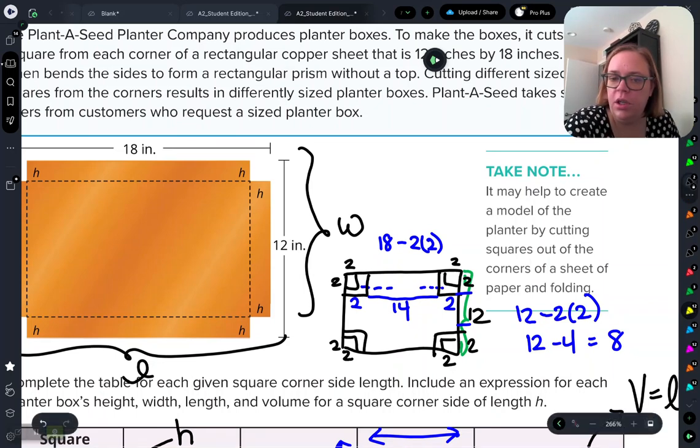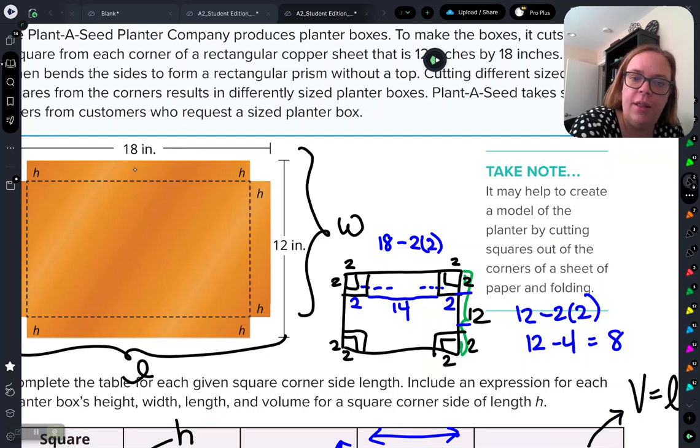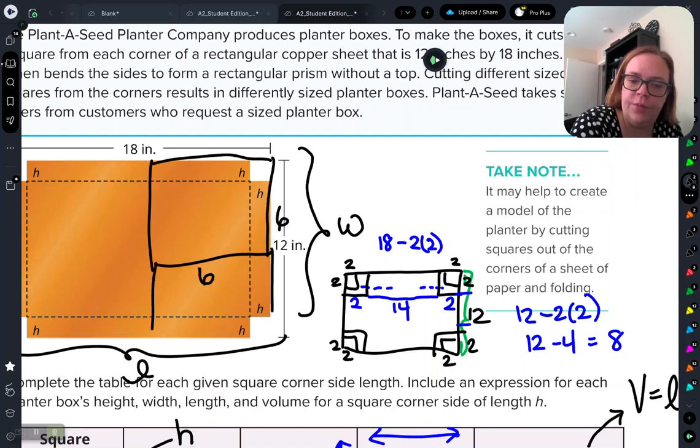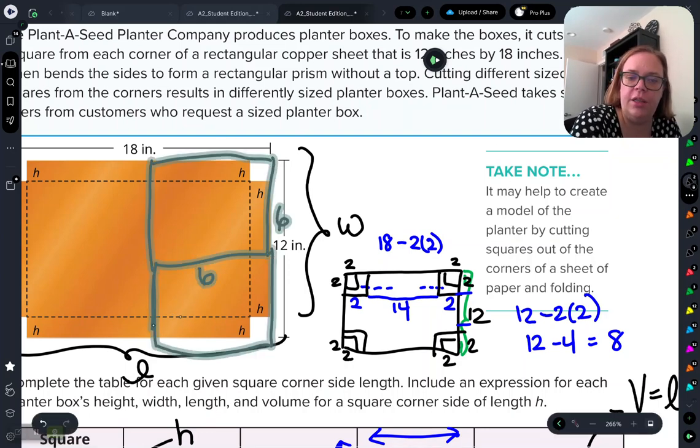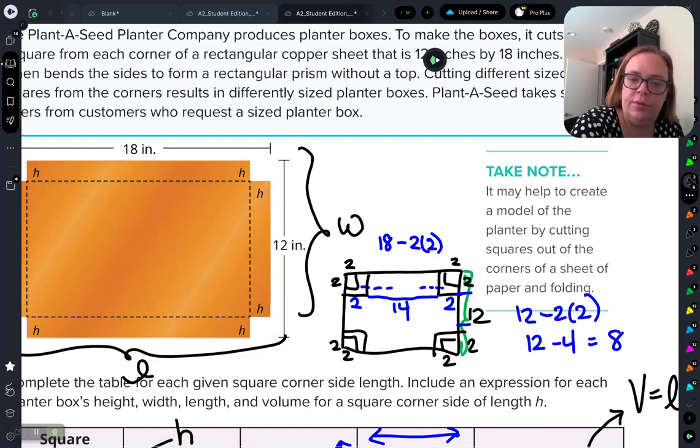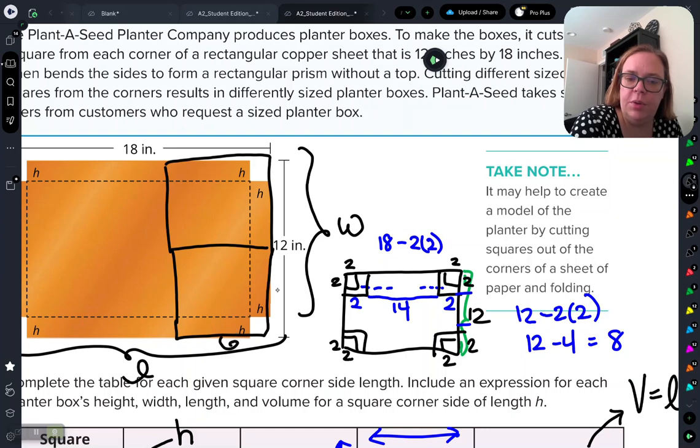So if you make a square that's 6 by 6, that's going to go halfway through. This is 6 by 6. Let me redraw that. Something like this.